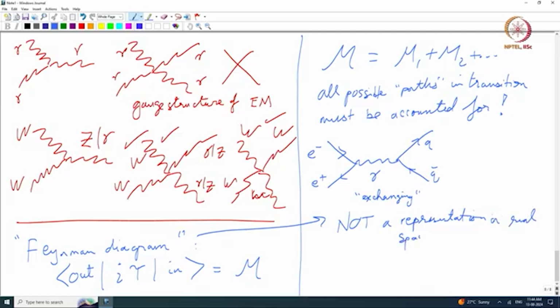No, not in real space. It is actually a representation in, so to speak, momentum space. In other words, the diagram that I have drawn here, all of this is happening at one single point in space time. In fact, one single point in space, let us say.